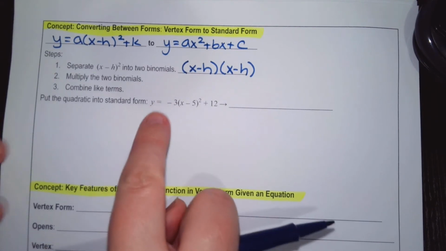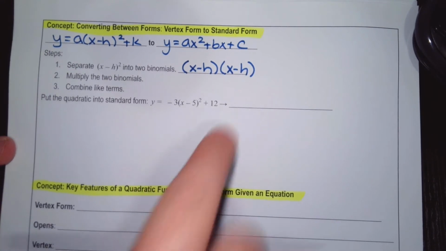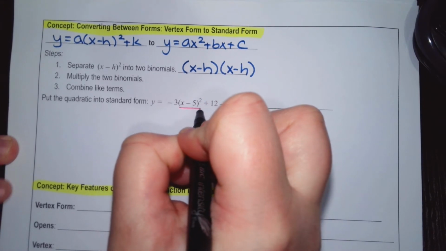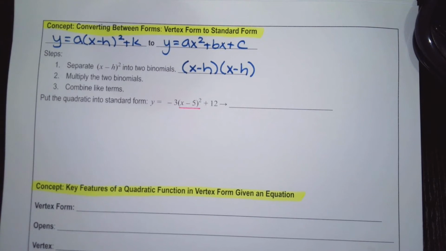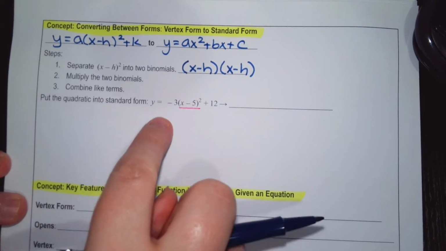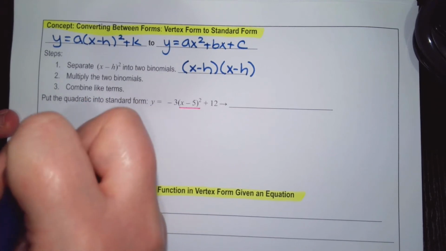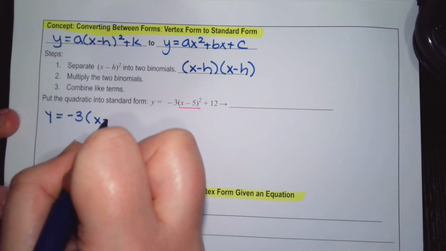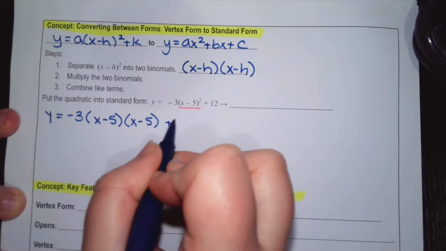So, y equals negative 3 times x minus 5 squared plus 12. So the first thing we need to do is separate x minus 5 squared into two binomials. We're going to keep minus 3 on the outside. So we have y equals negative 3, x minus 5, x minus 5, plus 12.